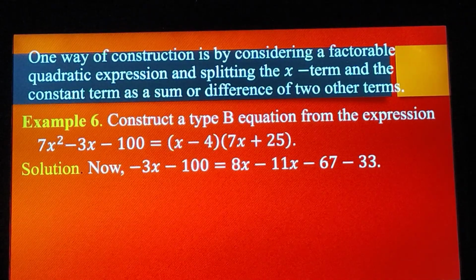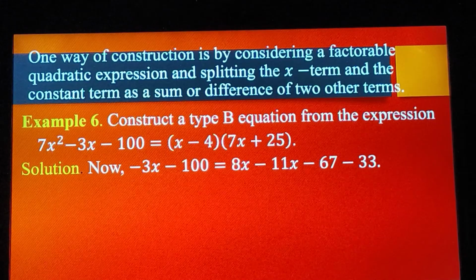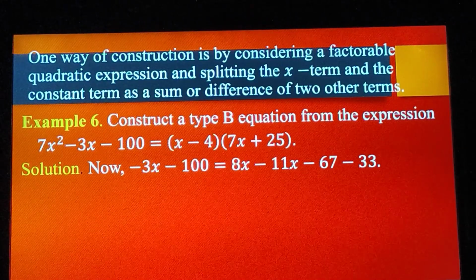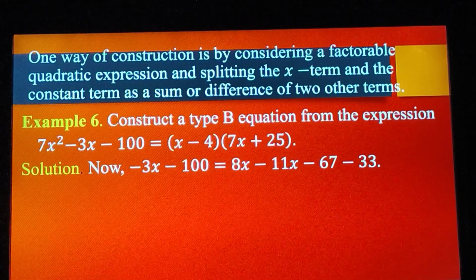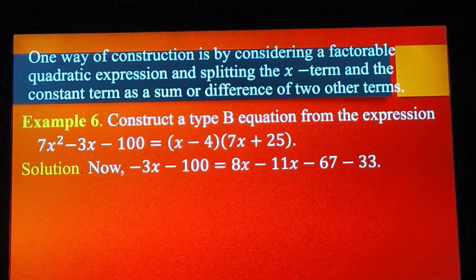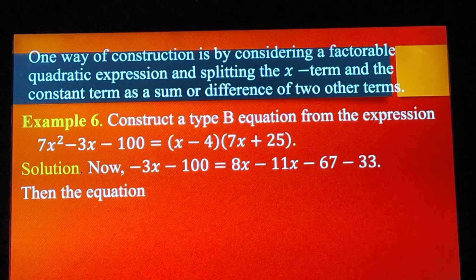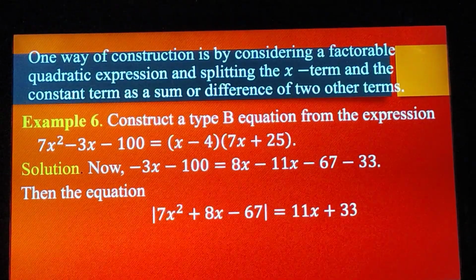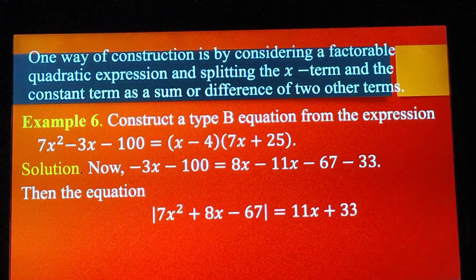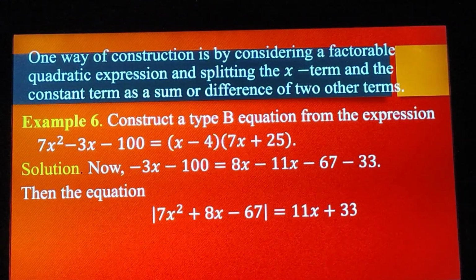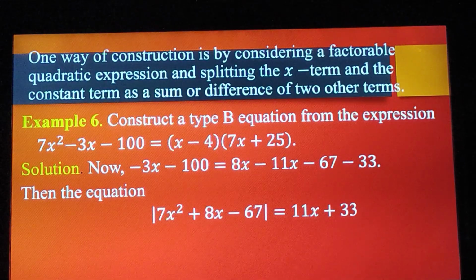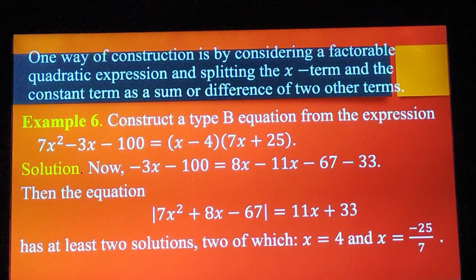So here, the x term and the constant term is minus 3x minus 100, and we rewrite it as 8x minus 11x minus 67 minus 33. And from this we obtain the equation absolute value of 7x squared plus 8x minus 67 equals 11x plus 33, which has at least two solutions, which are x equals 4 and x equals negative 25 over 7.